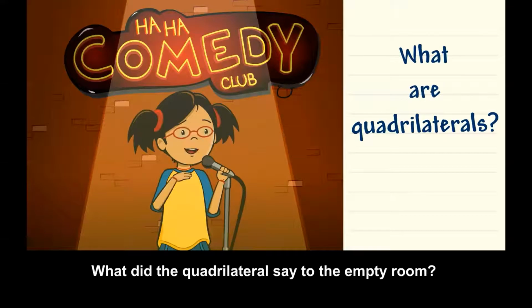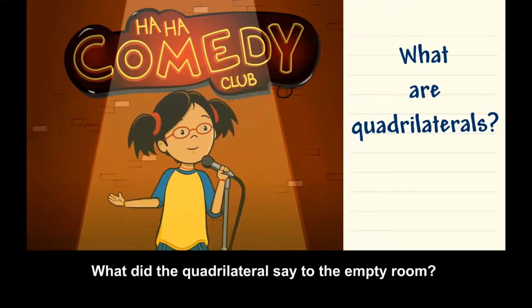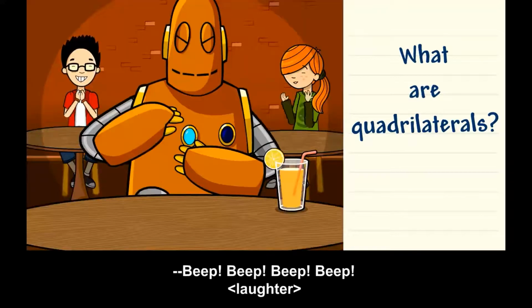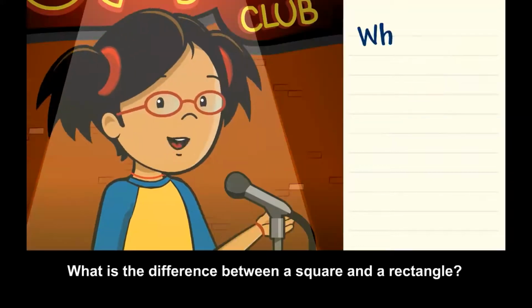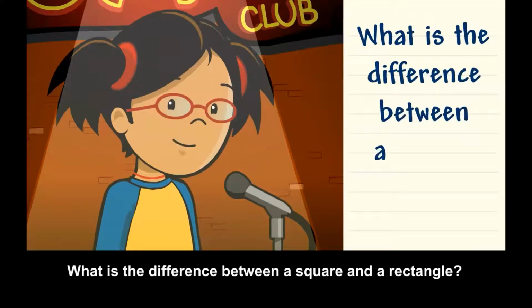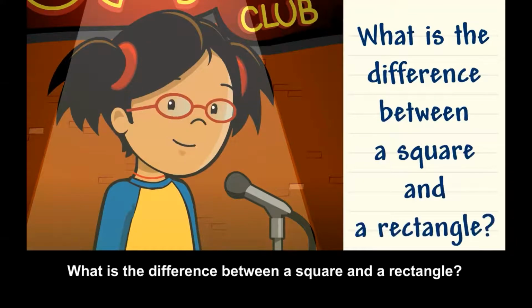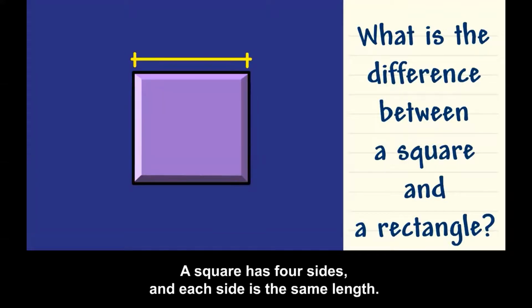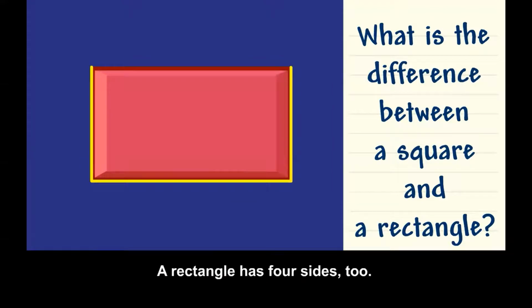What did the quadrilateral say to the empty room? Square is everybody. What is the difference between a square and a rectangle? A square has four sides, and each side is the same length. A rectangle has four sides too.